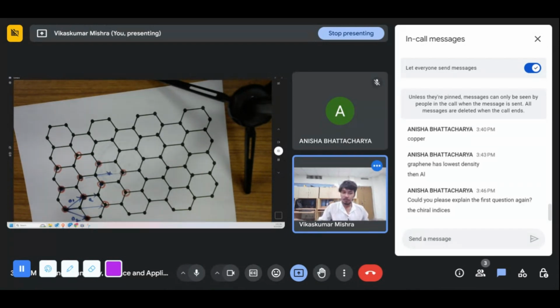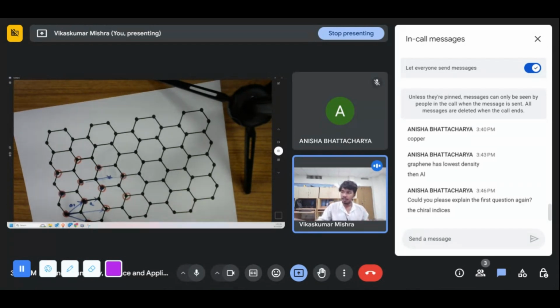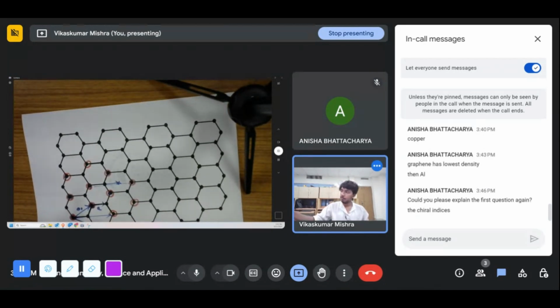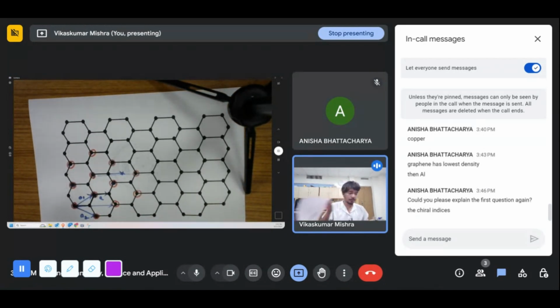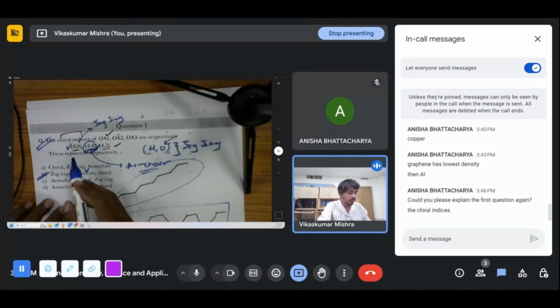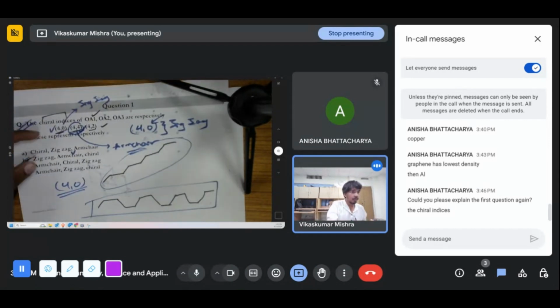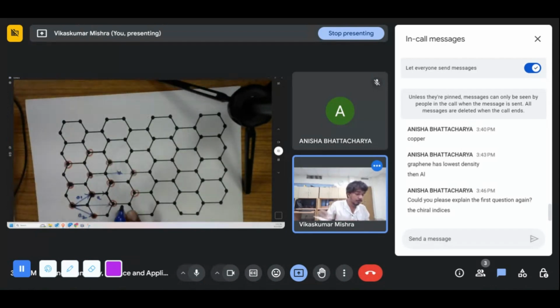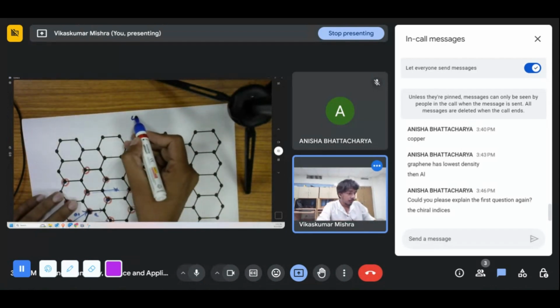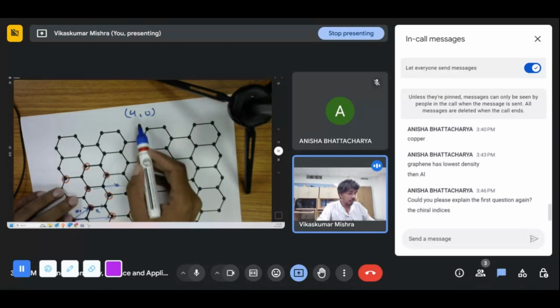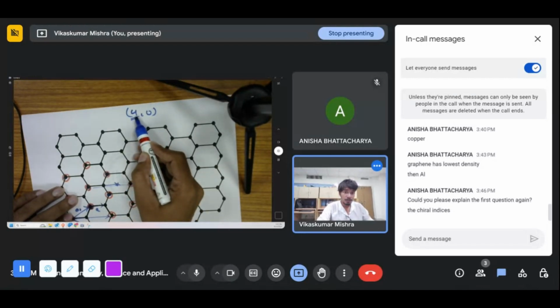Now let's move toward the question. The question is telling us that we need to find 4 comma 0, where it is lying. So along the first axis, we'll move by the amount of 4.